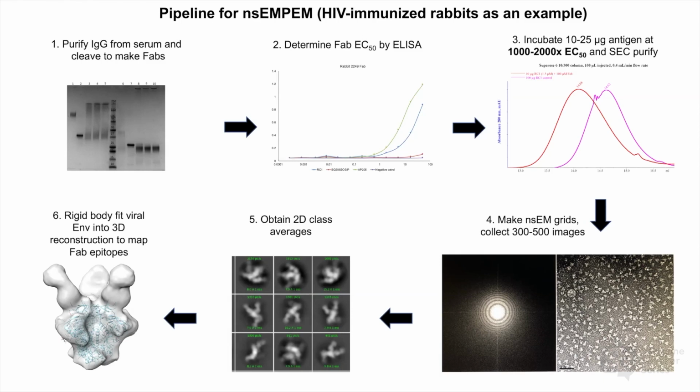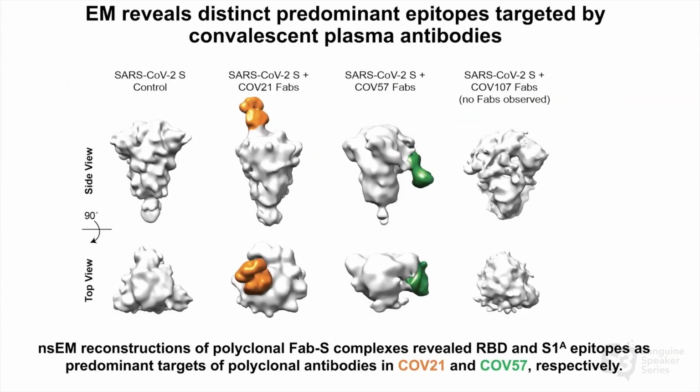Okay, so now Christopher did this for the plasmas we got from the New York patients who'd had COVID-19. This slide illustrates what happened. He got distinct predominant epitopes that were targeted by these convalescent plasma antibodies. The control is just the negative stain 3-dimensional reconstruction of the spike trimer on its own. And then from a plasma from someone called COV21, you can see in orange a predominant epitope.